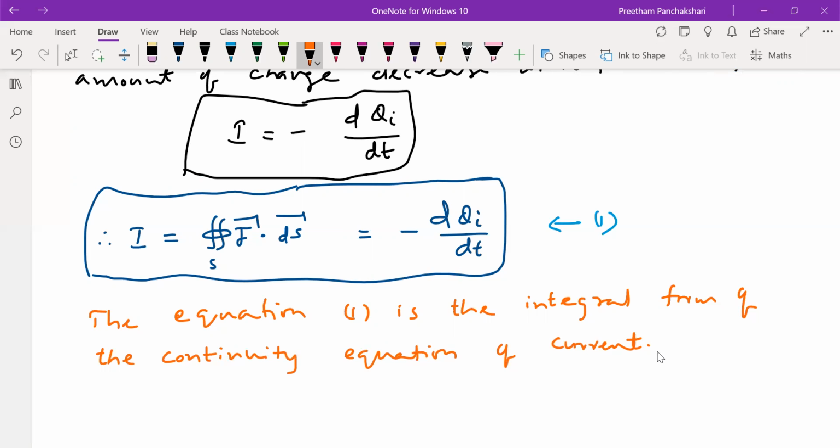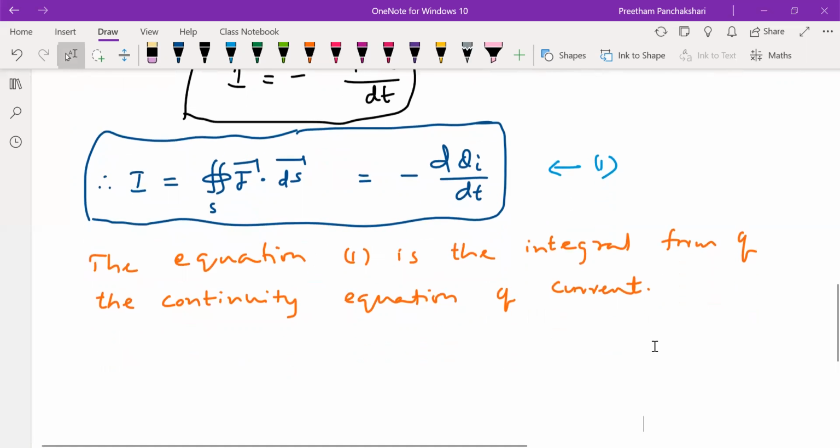The integral form is the equation which is applicable to a surface, or a volume, or a line, whatever it is, but not to a point.